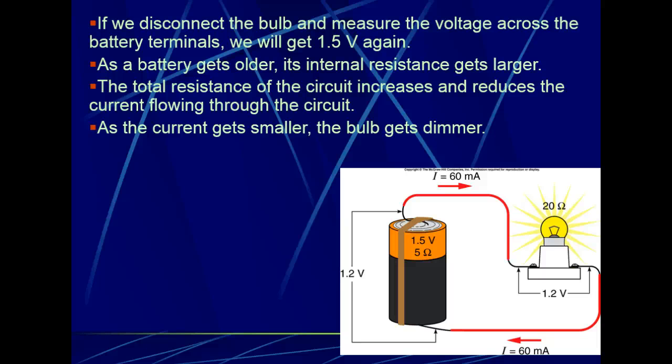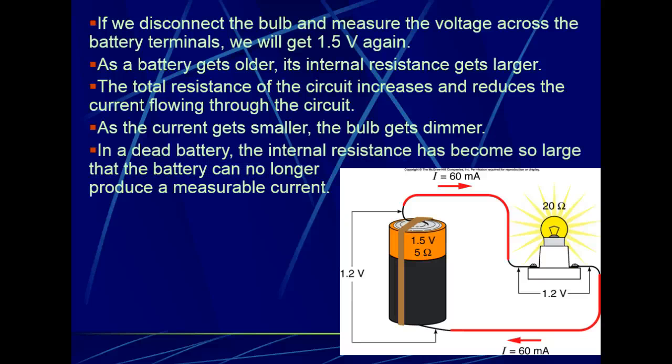As the current gets smaller, as a result of this, the light itself is going to get dimmer. So when we call the battery a dead battery, the internal resistance is so large we can't really get a measurable current off the battery.